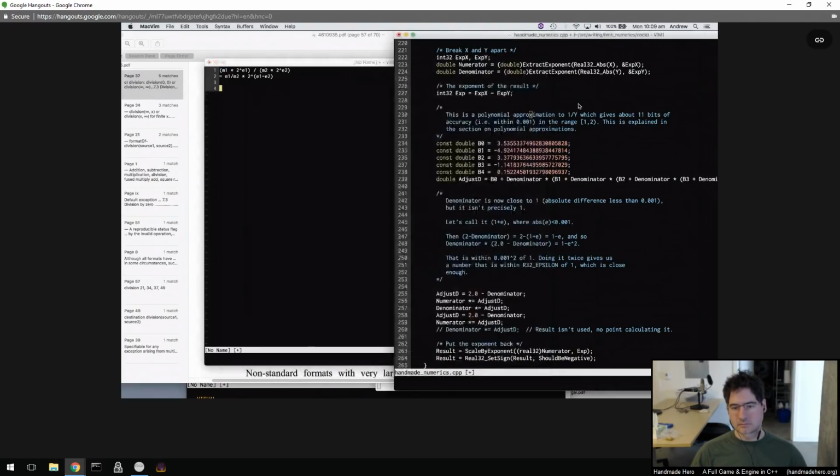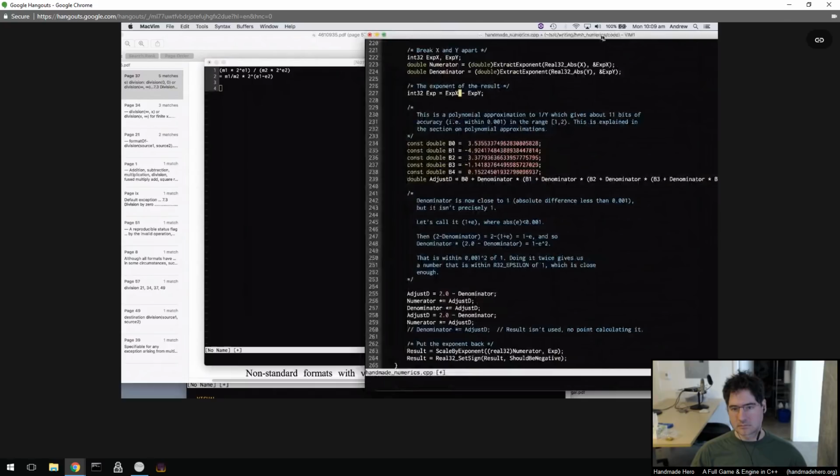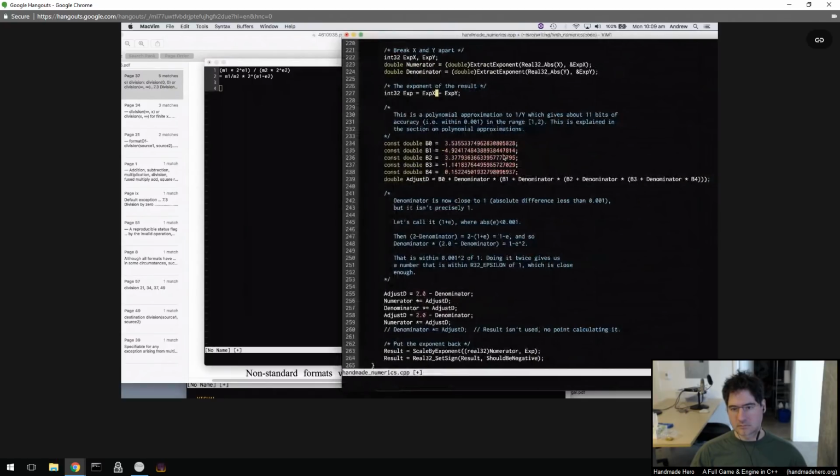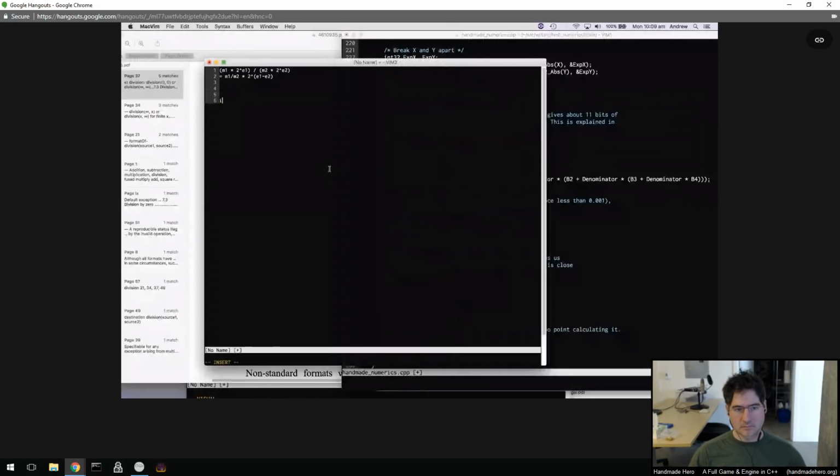Here we go, the exponent of the result. Now, what this is, and I will explain how we get these in a minute, is an approximation to 1 on y. It's a polynomial. This is using Horner's rule. So this is, if you like, some b0 plus b1 times x plus b2 times x times x plus b3 times x times x times x, etc. It only goes up to b4 anyway.